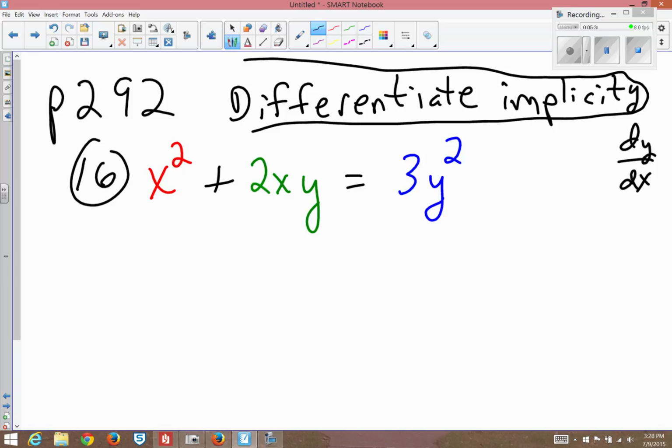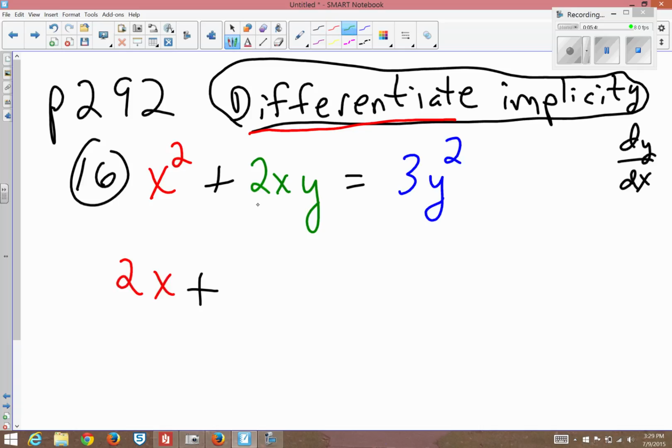So here's how this works. We first differentiate right off the bat. We say here's the x squared. Write down the derivative of x squared. The pluses and minuses and equals just get brought down. 2xy is a product.